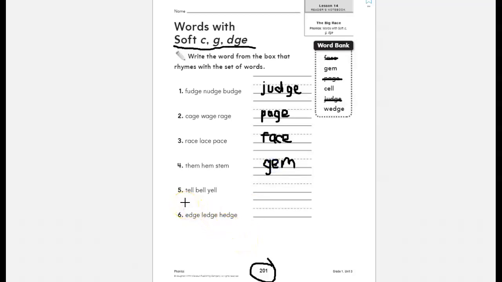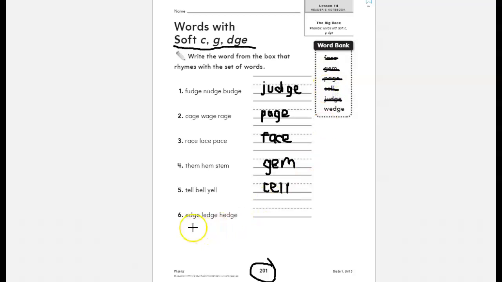Almost done. Next we have the set of words tell, bell, yell, and sell. Sell rhymes with tell, bell, yell.